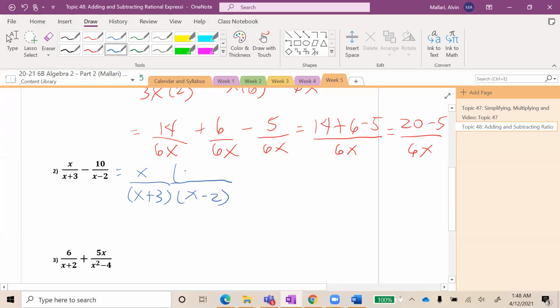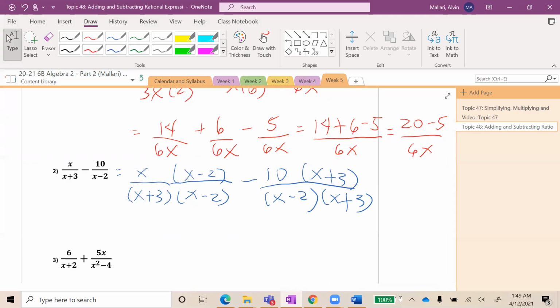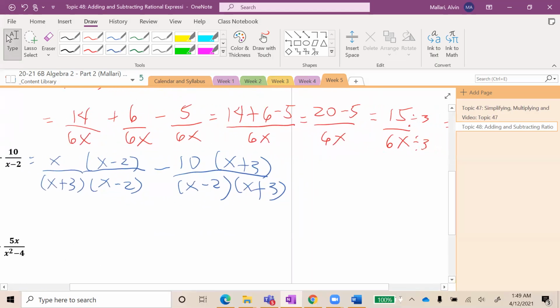Now remember, you need to do it not only in the denominator but also in the numerator. And then here we got minus 10 over x minus 2. All we need here is x plus 3. See how we have the same denominator now. So both are written in the LCD.